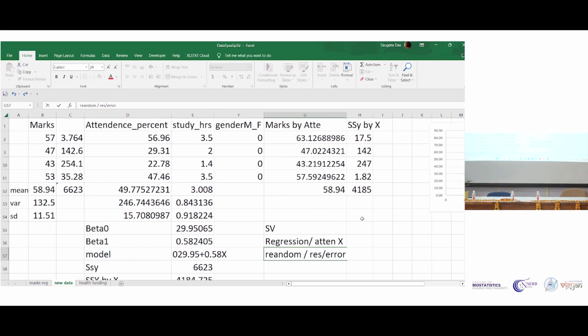अब हम लोगों ने X के सोर्स से तो डेटा पा लिया, किसका डेटा पा लिया?